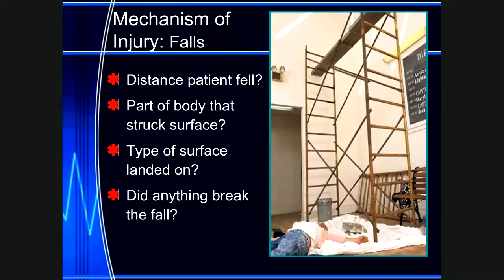Just by looking at this picture, each of these rungs is about, well, if we use a foot, 1, 2, 3, 4, 5, 6, 7, 8, 9 to 10 feet. And if he's 6 foot, there's 16 foot. Yeah, chances are there's a big chance of having significant injuries. Did he hit any of these cross members on the way down? That could create problems.